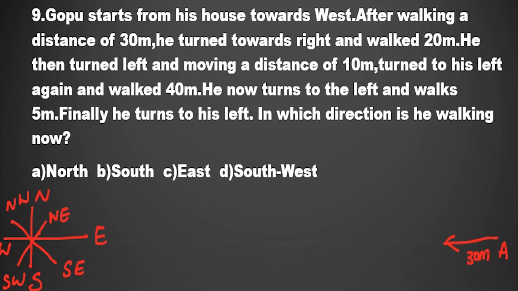He walks 30 meter towards west, and he turned towards right and walked 20 meter. And the point B, and from B he walked towards right 20 meter, and the right of B is northwards.